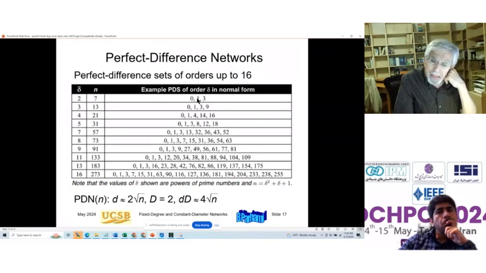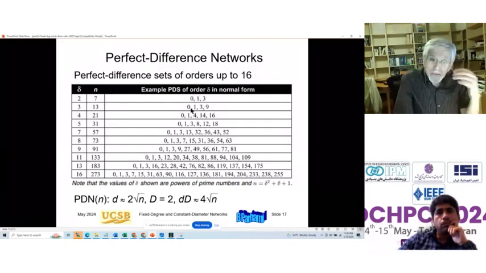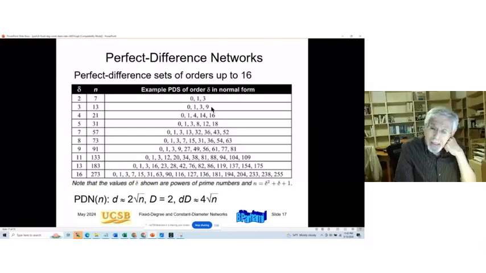Each node is connected to I plus 1, I plus 3, I minus 1, and I minus 3. And every node can be reached from any other node in 2 steps, because the property of the perfect difference set is that any number in the range of numbers that are nodes is the difference of 2 of these numbers.